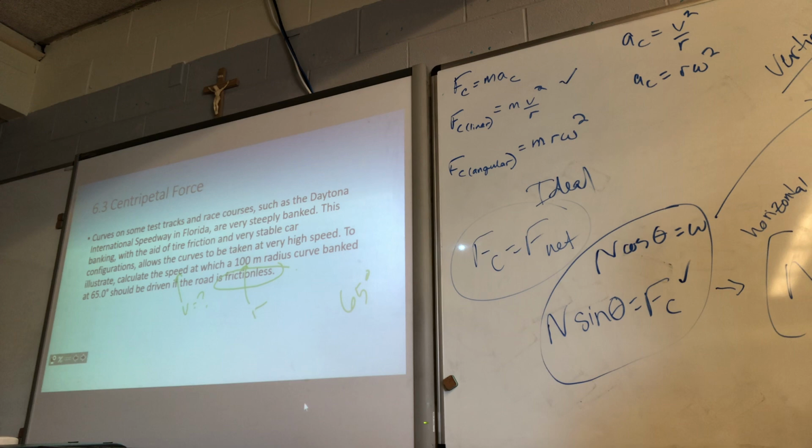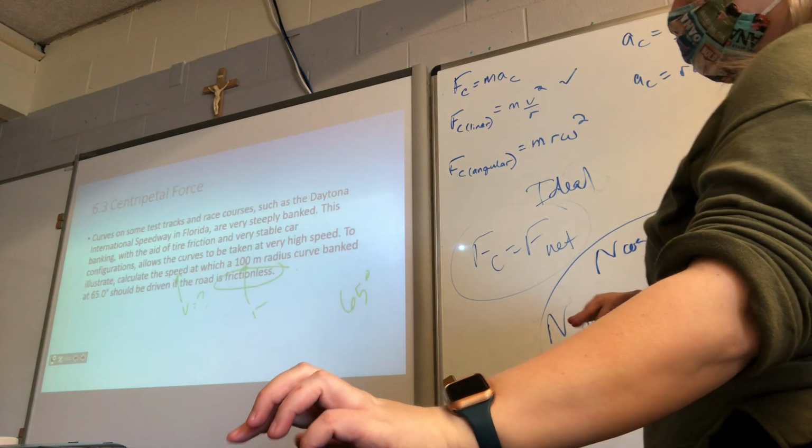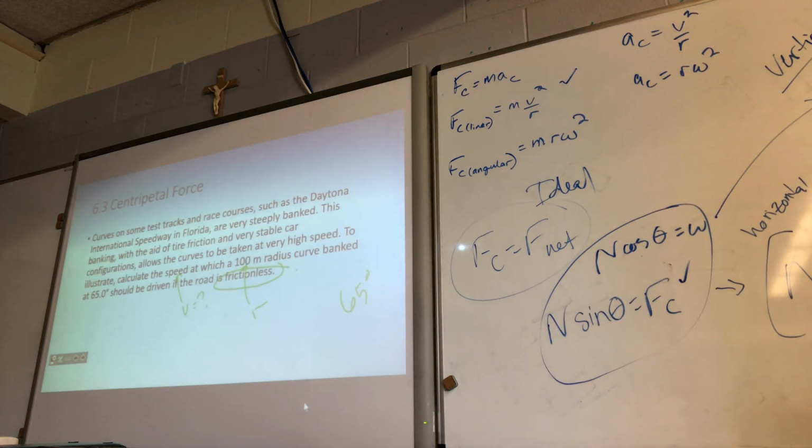What do we think? Where would we go once we have AC? Can we calculate FC after finding it? Yeah, but we don't have the mass. Oh, do we? Yeah. We don't have the mass. But can we figure that out? If we figure out AC, can we do the equation below it and find out W? Do we need W?